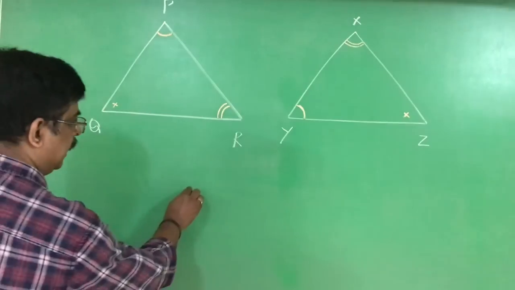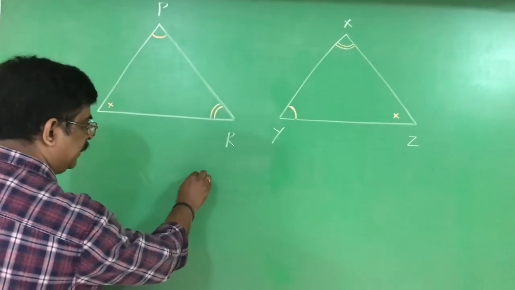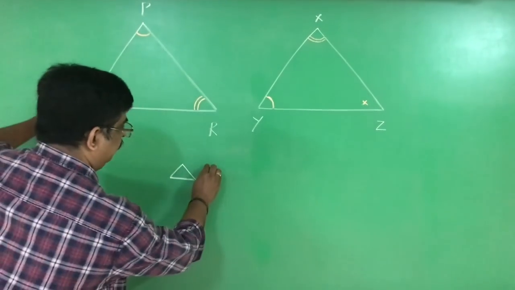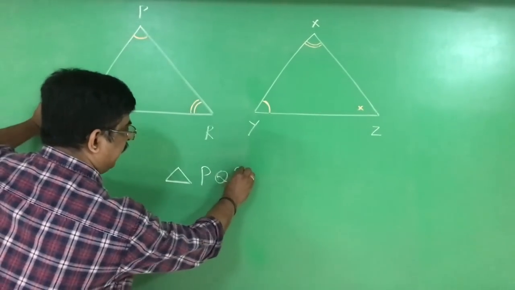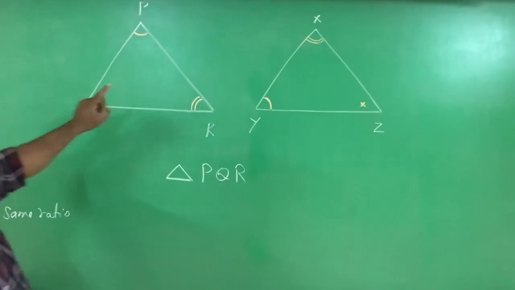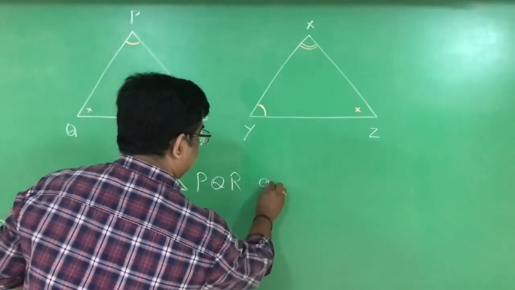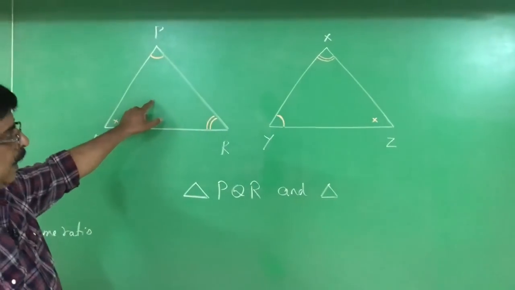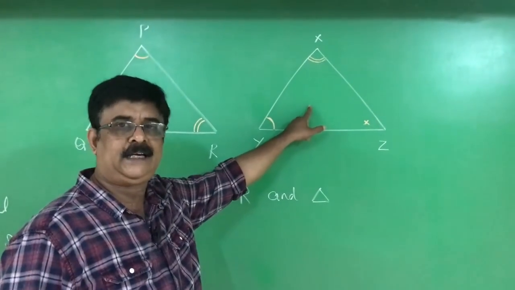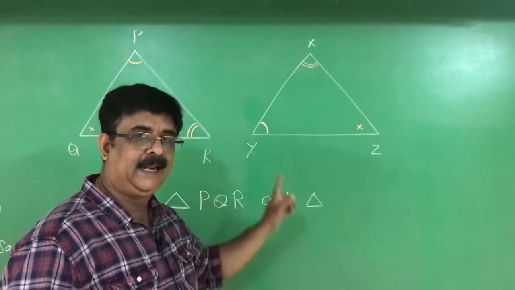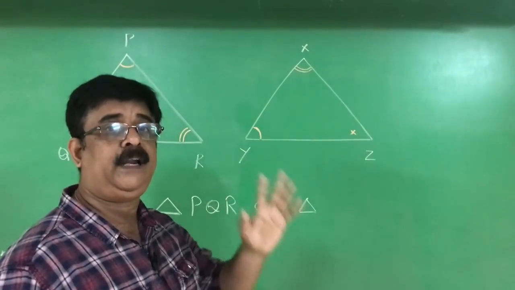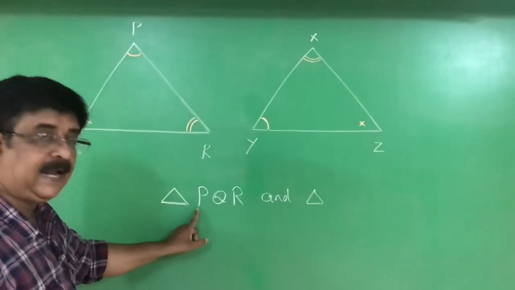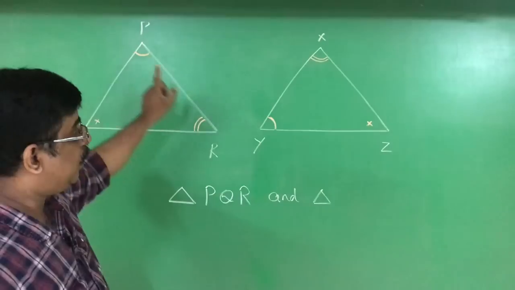Therefore, I write the name of the triangle like this. If I write this as triangle PQR, here there is a skill. If this triangle is PQR, then this triangle you should not write as XYZ. You have to write the name of the triangle according to their corresponding vertices, corresponding angles. How? The first one is angle P. Angle P is corresponding to what?